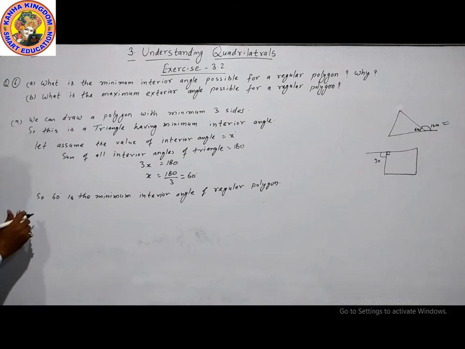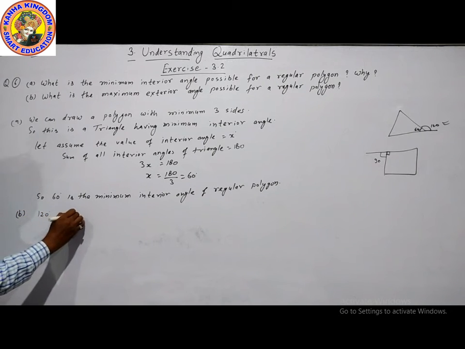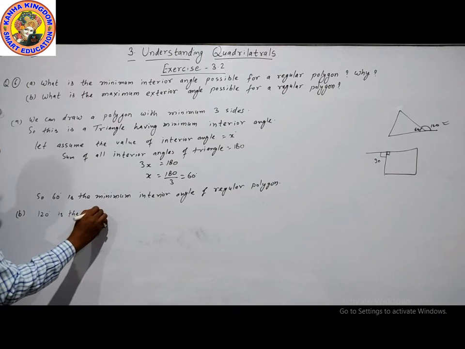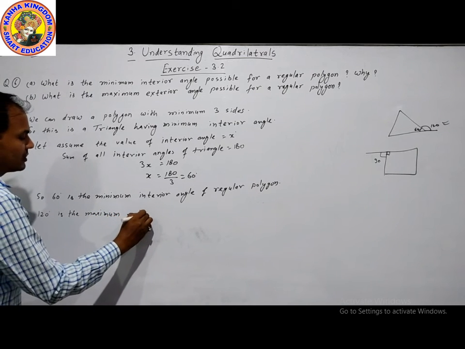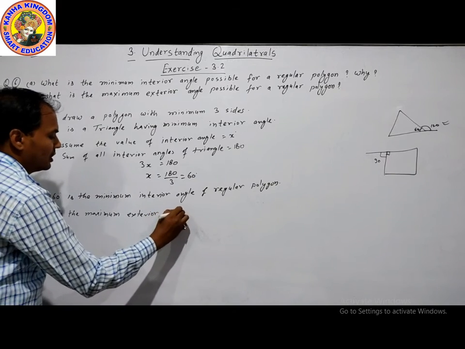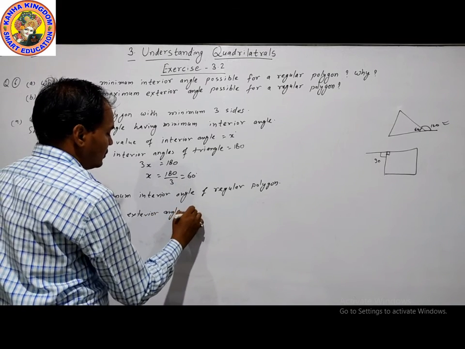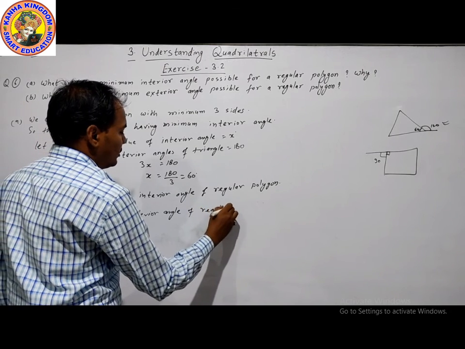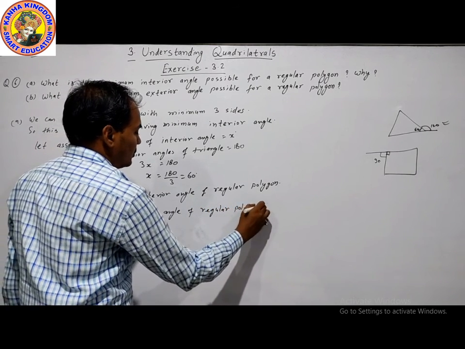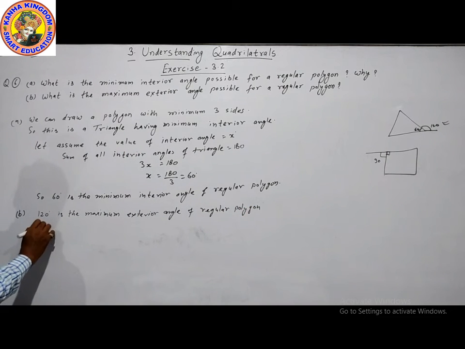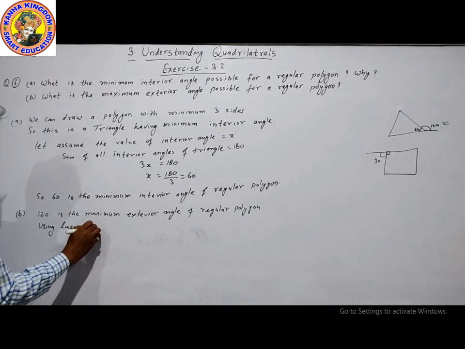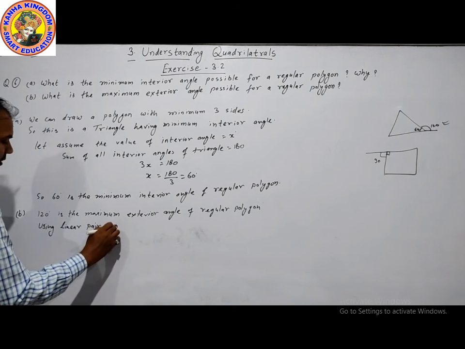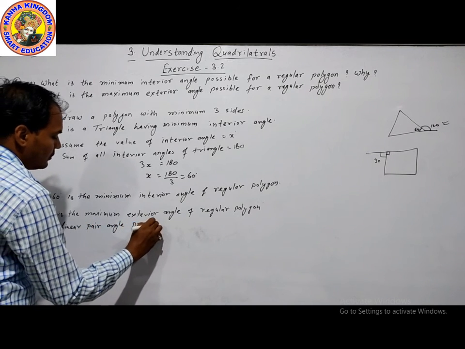What is the maximum exterior angle? 120 degrees is the maximum exterior angle of a regular polygon using the linear pair angle property.